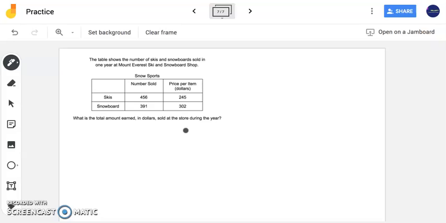It says, what is the total amount earned in dollars sold at the store during the year? So let's take it piece by piece. This is going to become a three-step problem. So first thing we need to do, they want to know total amount earned. So we're including the skis and the snowboards. So I'm going to start with the skis.